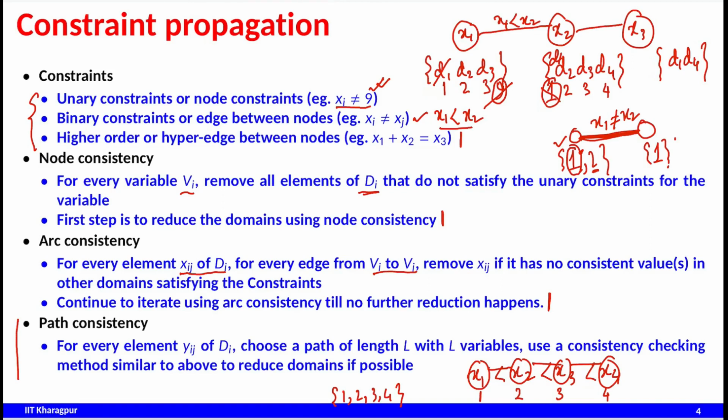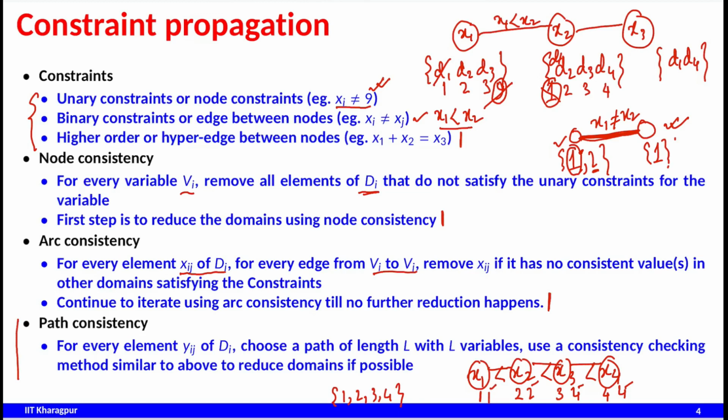So there can be many ways I can choose. I can choose 4 here, 4 here, 2 here, 1 here. But if I choose this set of values, then it is not consistent along the path. Here we are looking at consistency across one edge, whereas in path consistency we look at consistency along a path.